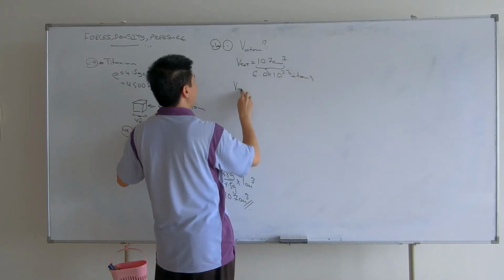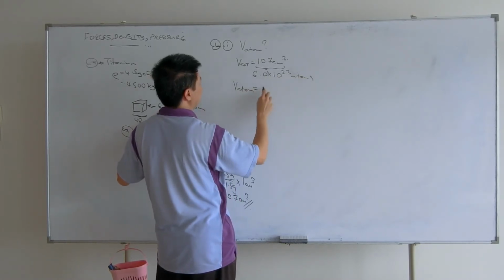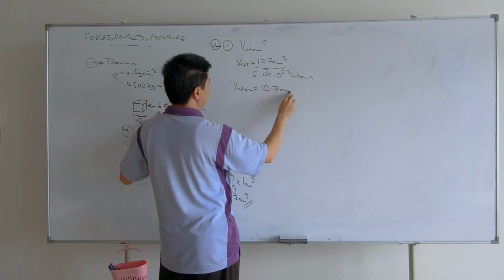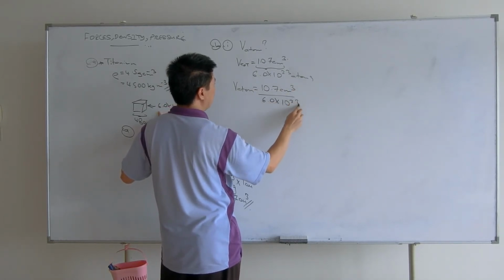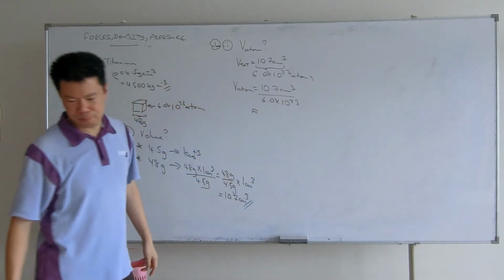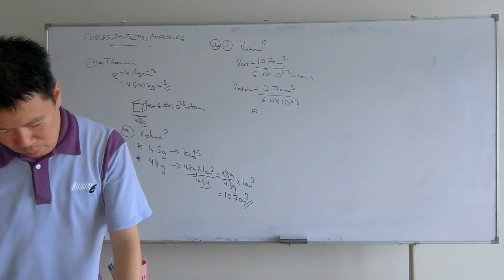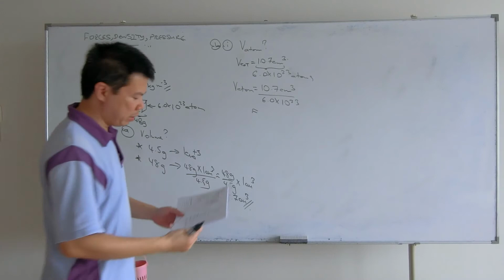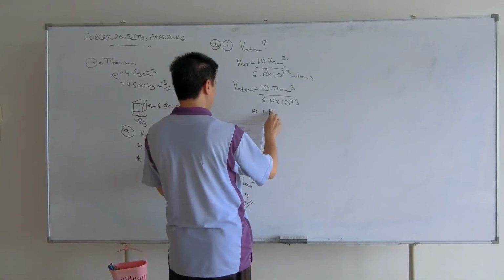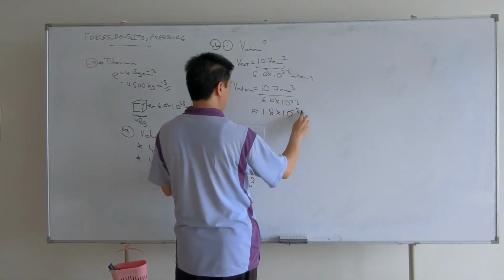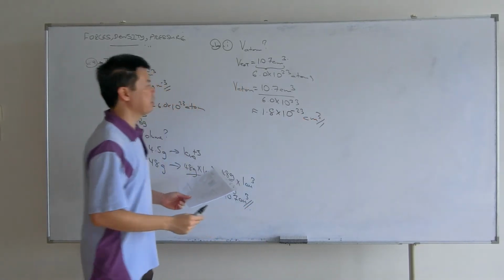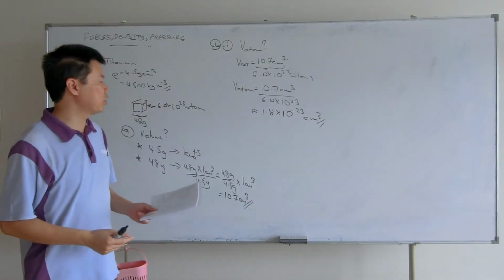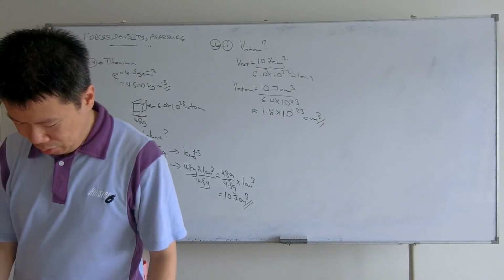Therefore, volume of one atom, quite easy, 10.7 centimeter cube divided by 6.0 times 10 to the 23 atoms, and you got a volume of around 1.8 times 10 to the minus 23 centimeter cube. You can pause the video if you haven't done the calculations yet, and then we go to the next question.